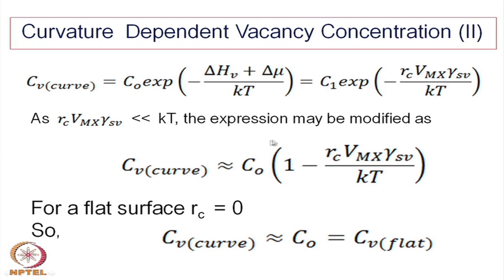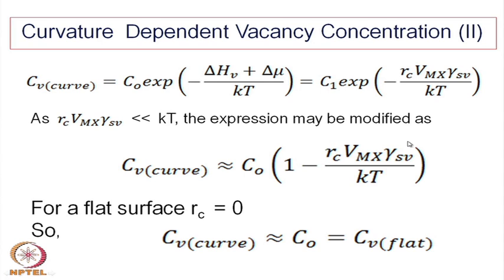So, the expression may be modified as this exponential term can be changed to this kind of expression, where CV is the concentration at a curved surface, and C0, although a pre-exponential term, is ultimately the flat surface.